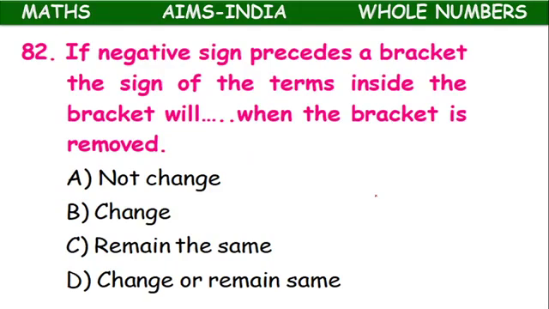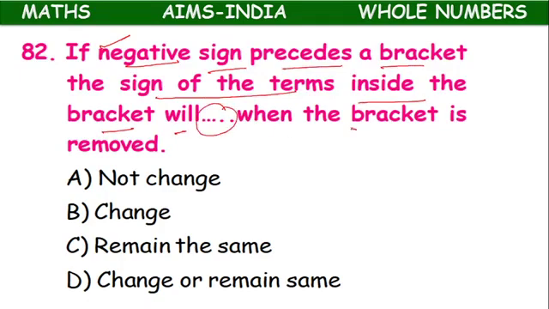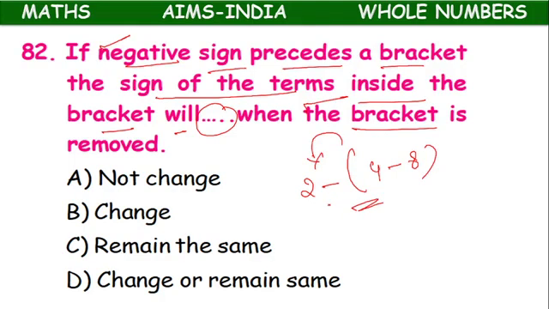82nd question. If a negative sign precedes a bracket, the sign of the terms inside the bracket will change when the bracket is removed. Suppose we have 2 minus of 4 minus 8, preceding the bracket we have a negative sign.